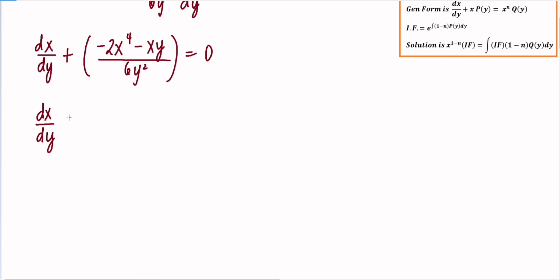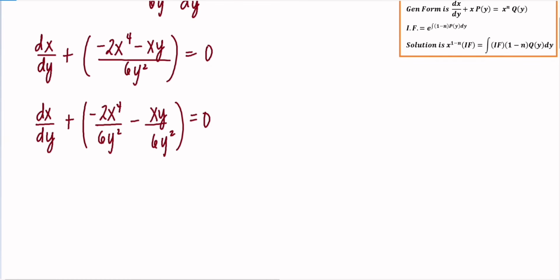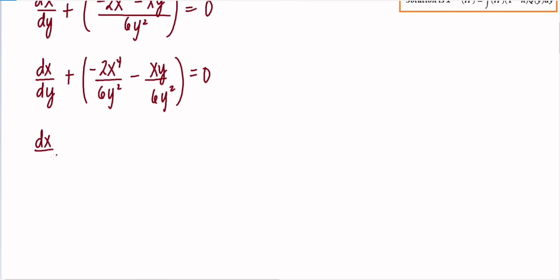Okay, paghiwalayin natin, guys. So, plus negative 2x raised to 4 over 6y squared minus xy over 6y squared equals 0. So, simplify nyo muna. So, dx over dy plus, so, ito, negative 2 over 6 is negative 1/3. Yung x and y, wala na kayo masisimplify.